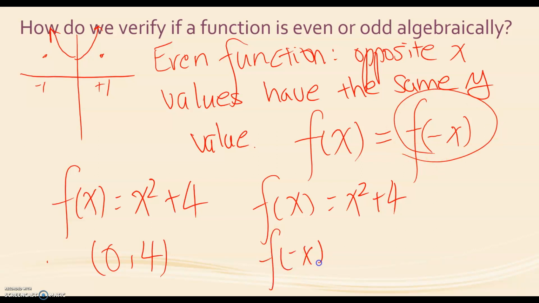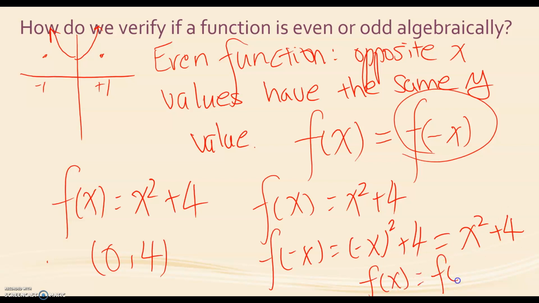We should know how to write and read our function notation. We're going to replace the x in the original function with -x. Now, what is -x squared? That is still positive x squared, plus 4. So we just proved that f of x is equal to f of -x, which makes this function an even function.